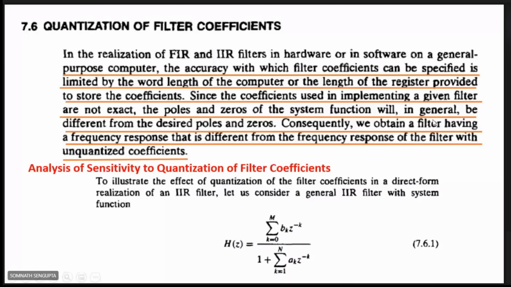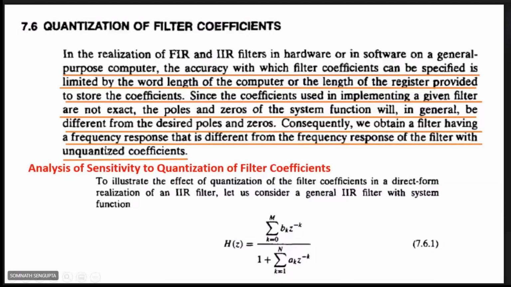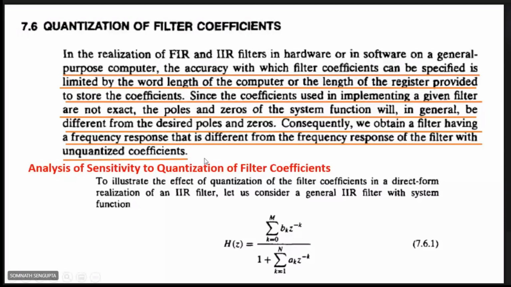Consequently, we obtain a filter having a frequency response that is different from the frequency response of the filter with unquantized coefficients. So after quantization, obviously there will be quantization error. Quantization, you know, is that you choose some analog quantity and you convert it into a digital value.